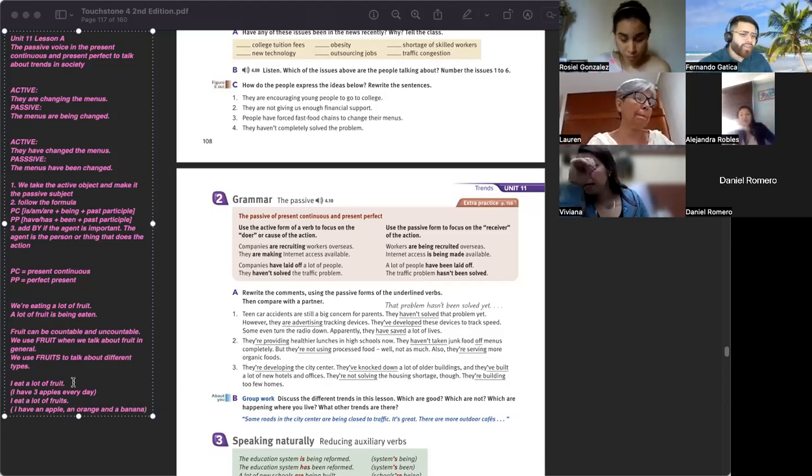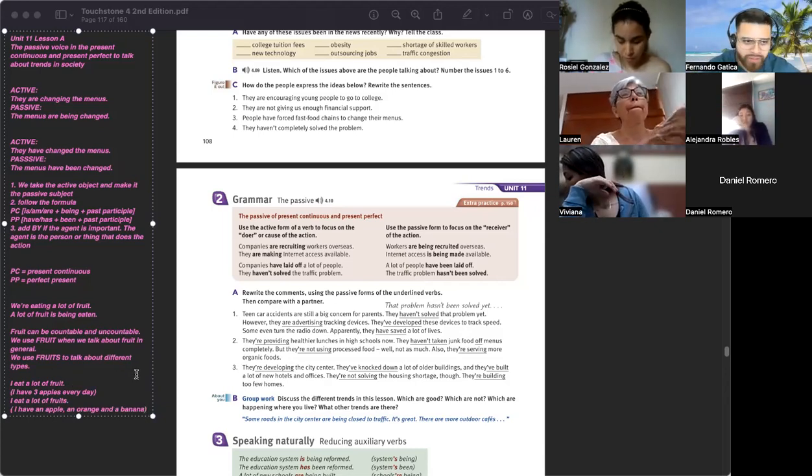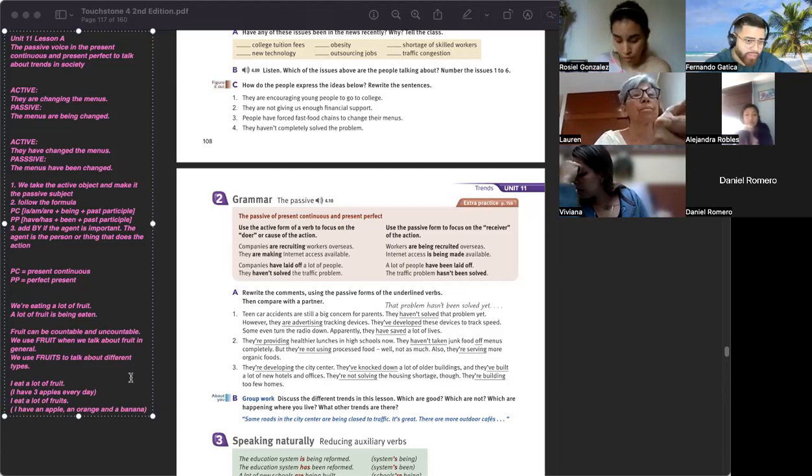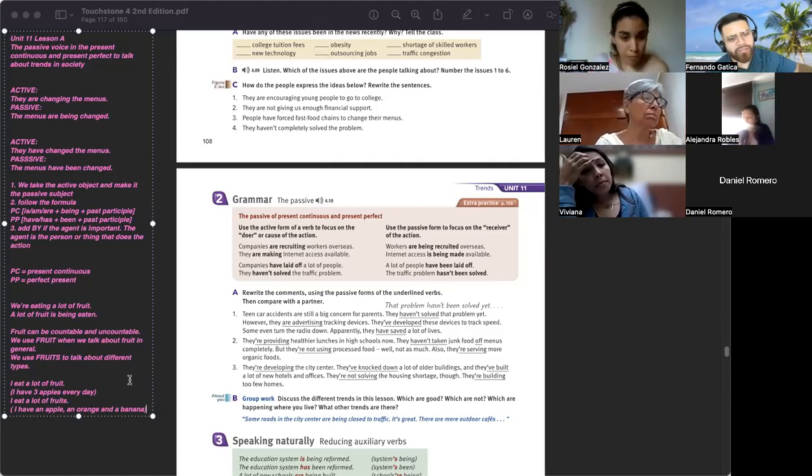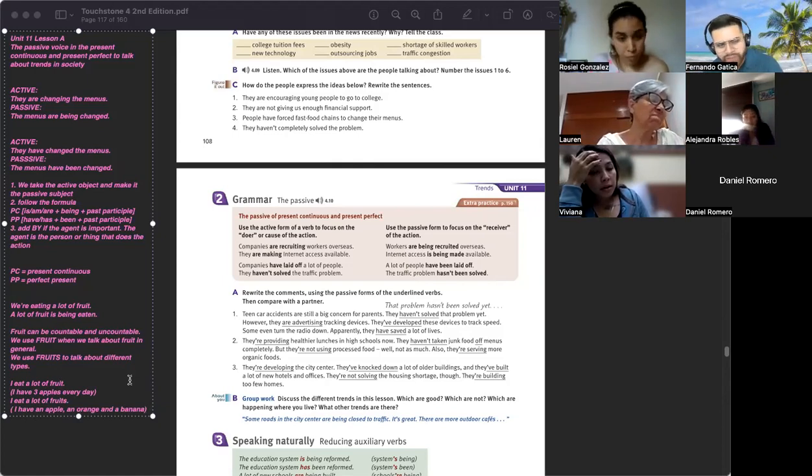So, si están hablando de fruta en general, usen la palabra fruit. Y diferentes tipos de frutas, fruits. But when we're talking about the things that we like and don't like, we usually use fruit in the uncountable.